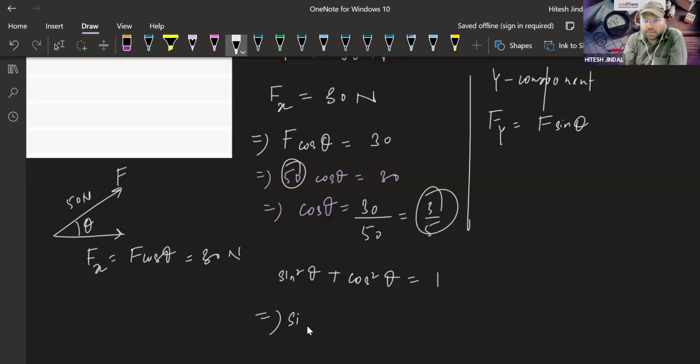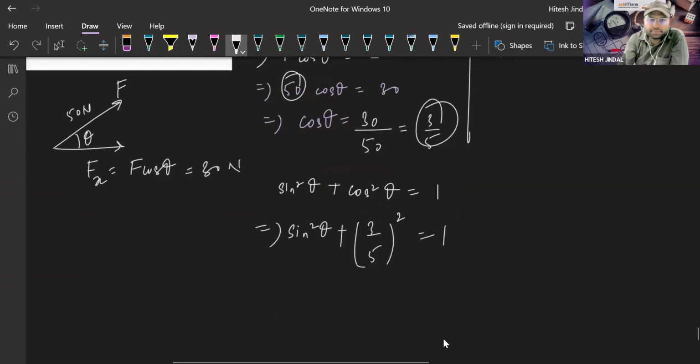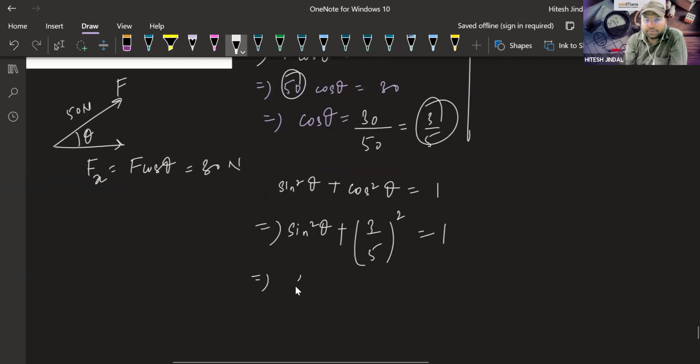F is 50, right? So sin square theta plus cos theta is 3 by 5. So 3 by 5 का square is equal to 1. क्या आता है? Sin square theta is equal to 1 minus, what is 3 threes are? 9, 25.